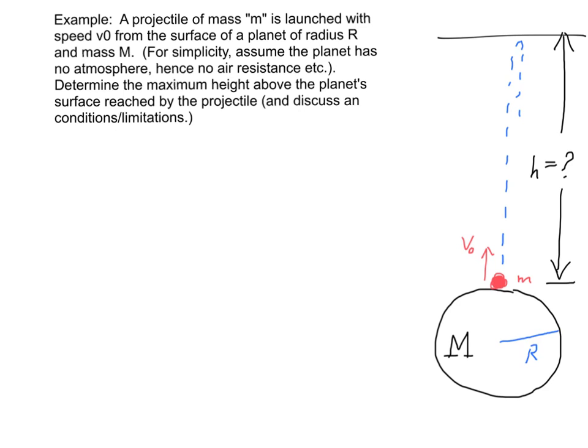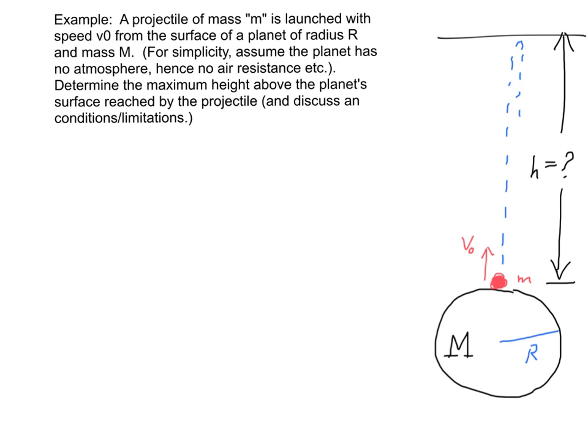Well, that's not going to work out very well for us because as this little mass m gets further and further from big M, the gravitational force will get less and less in magnitude, and therefore the acceleration will get less and less in magnitude. So we'd have to do a series of integrations. First integrate the acceleration to get the velocity, integrate that, which is ever changing, to get the change in position, and it's going to be a big hairy mess. So our easiest route is going to be to use energy conservation. So let's see how that works out.